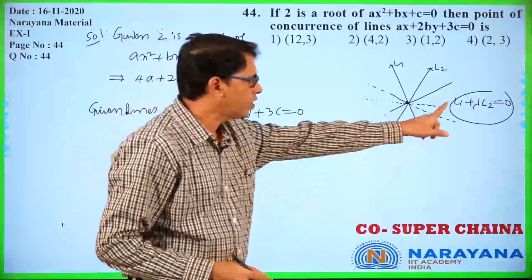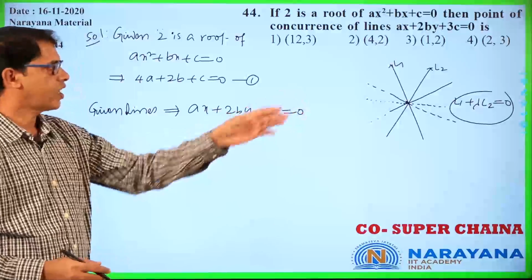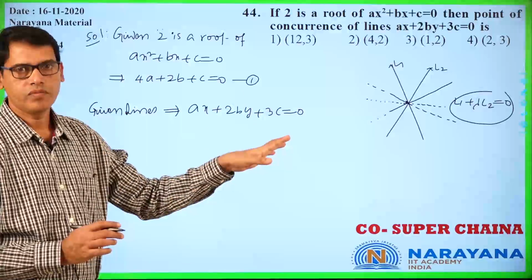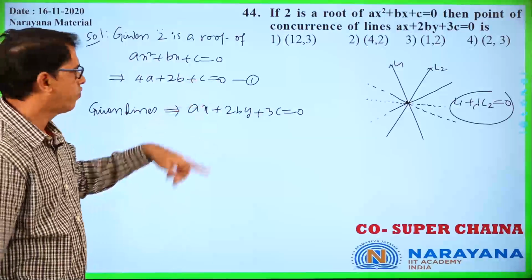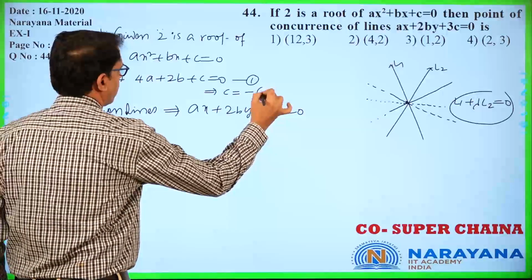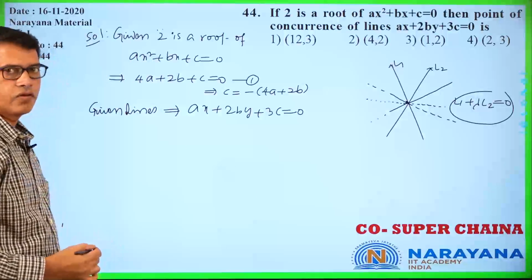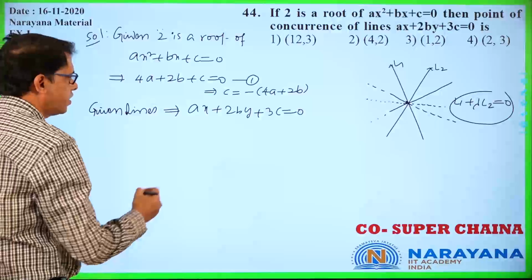What is the standard form? L1 plus lambda L2 equals 0. To bring this to standard form, I am replacing the c value from here. What is the c value? That implies c equals minus of 4a plus 2b. Right, here the c value. So that implies ax.